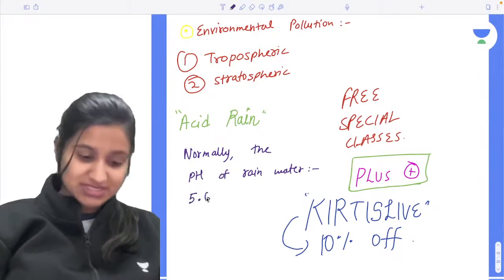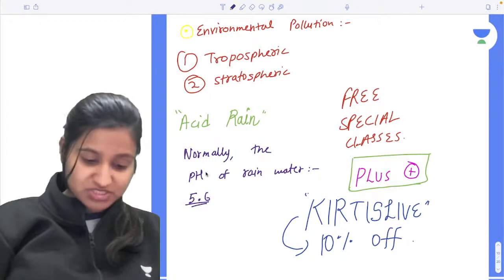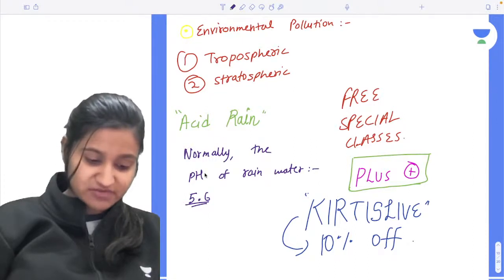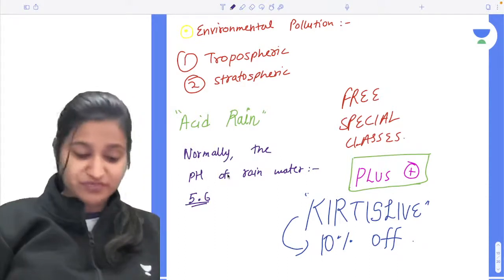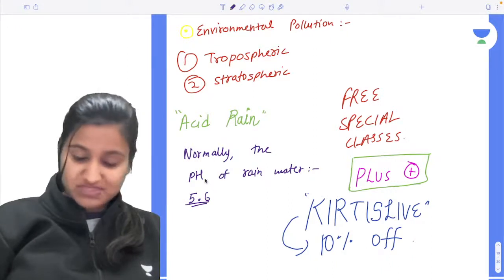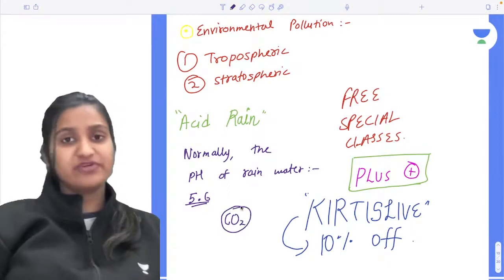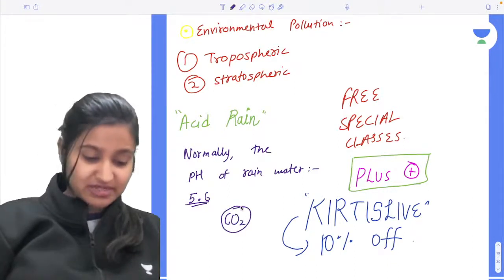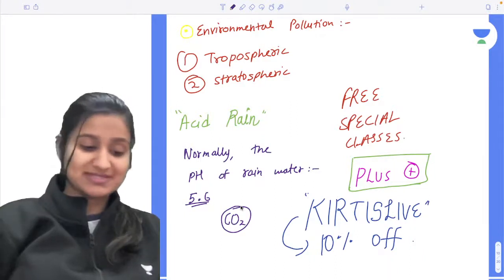It is 5.6, due to the presence of H positive ion formed by the reaction of rainwater with carbon dioxide present in the atmosphere. Carbon dioxide and carbon monoxide are very harmful for us, right?